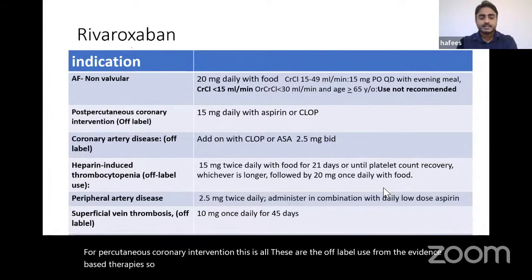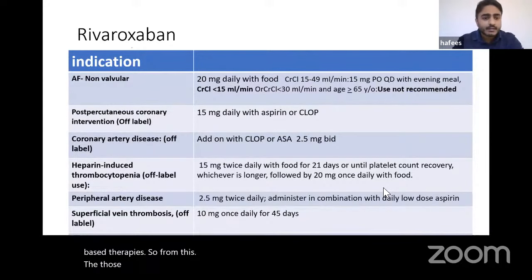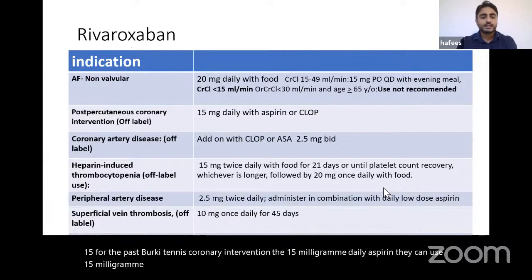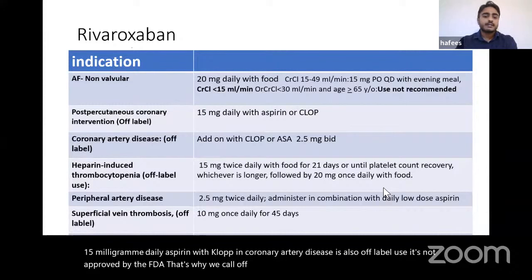For percutaneous coronary intervention, 15 milligram daily with aspirin. You can use 15 milligram daily with aspirin and clopidogrel. In coronary artery disease, it's also off-label use. It's not approved by the FDA, that's why we call it off-label. The dose is 2.5 milligram BID as an add-on with clopidogrel or aspirin.